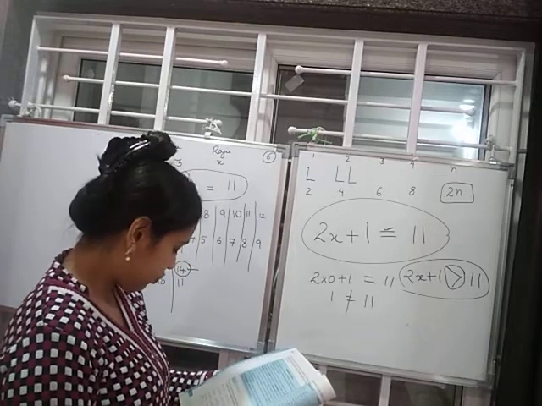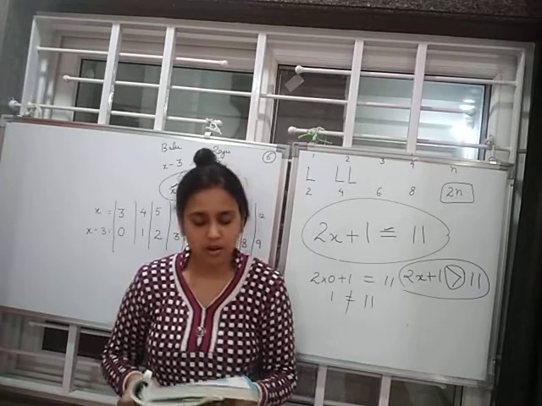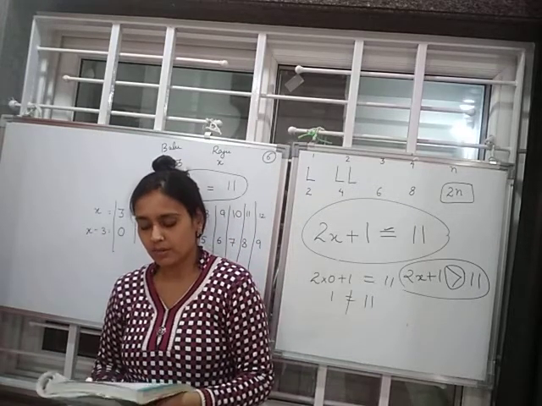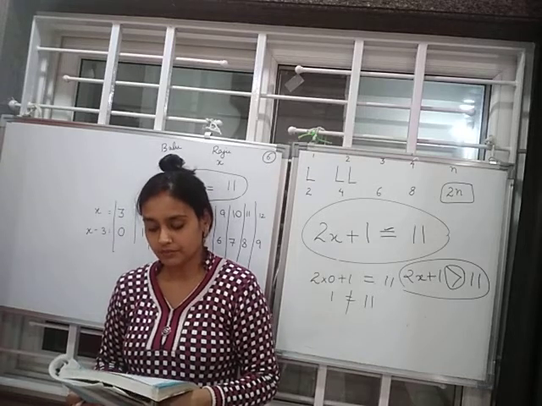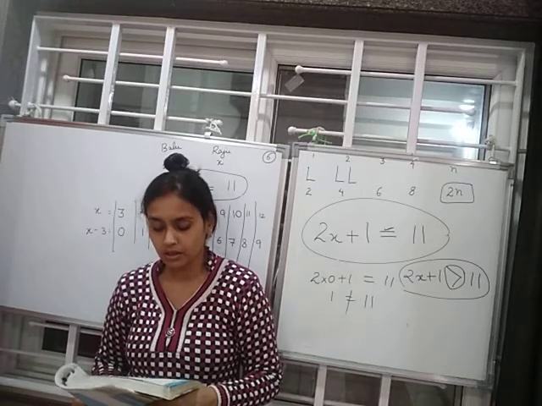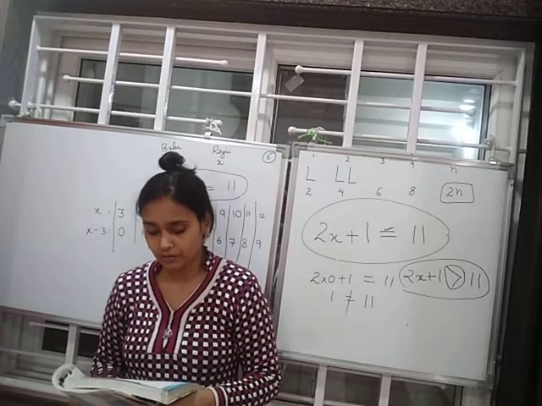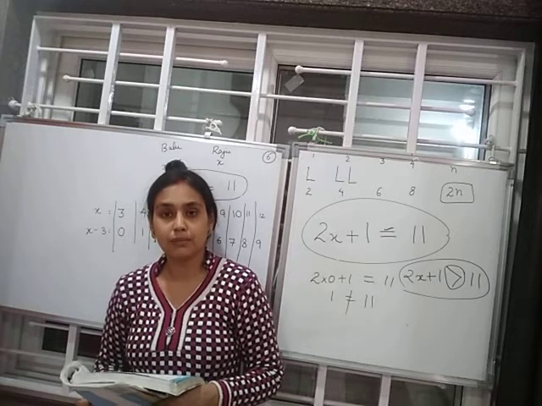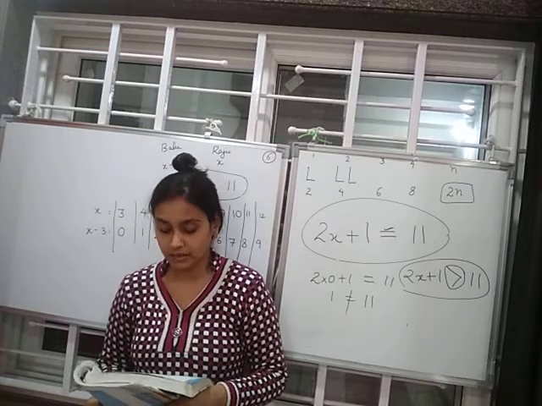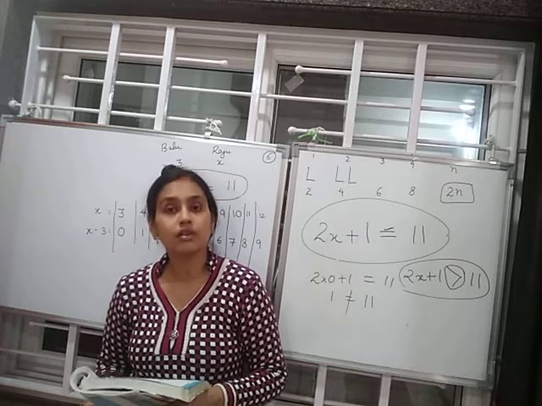Now children, come to page 240. There is a small introduction about the beginning of algebra. I would like to read it for you all. It is said that algebra, a branch of mathematics, began about 1550 BC. BC means before Christ. That is more than 3,500 years ago.